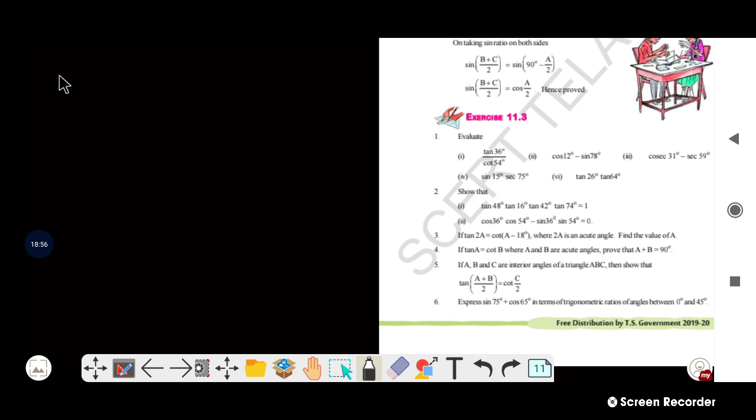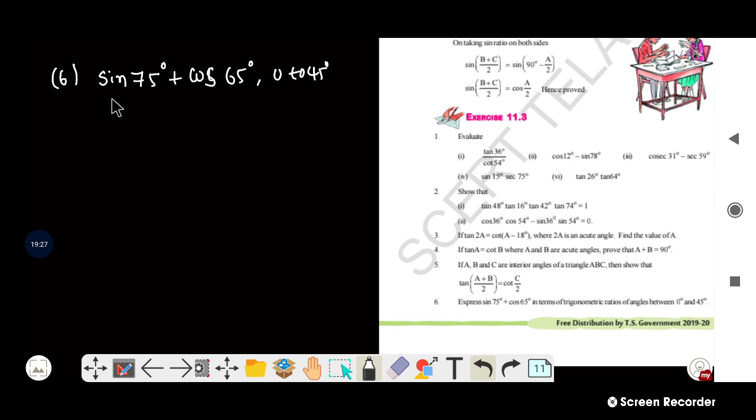Now we go for the sixth question: express sine 75 degrees plus cos 65 degrees in terms of trigonometric ratios of angles between 0 and 45 degrees.